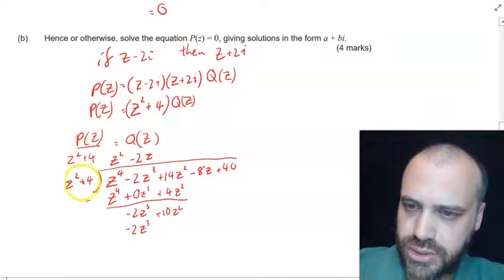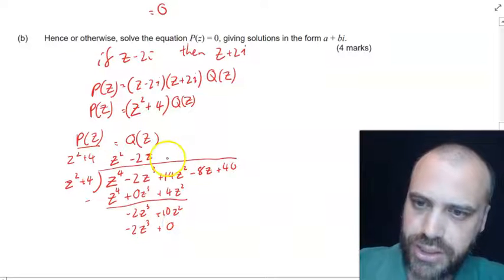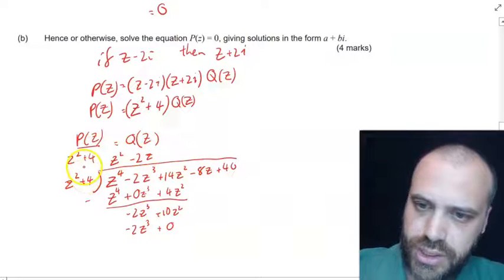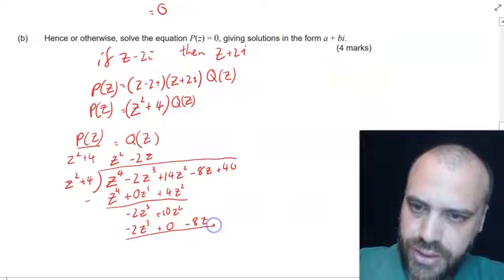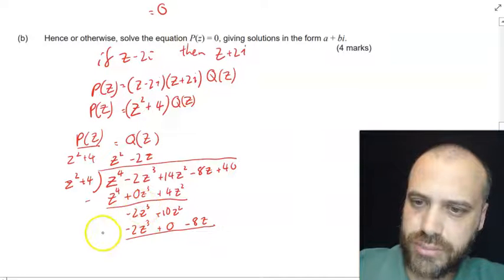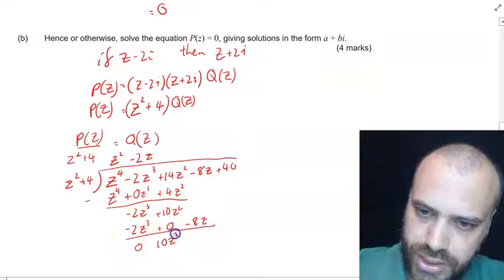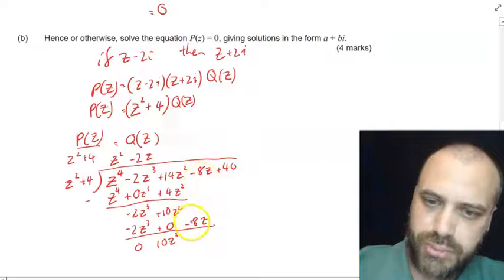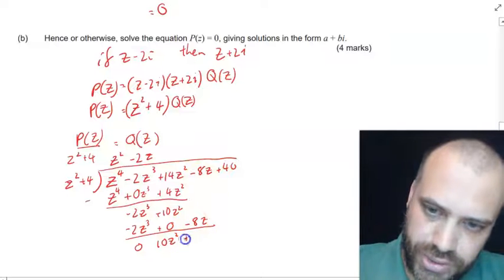Minus 2z times 4 is negative 8z. Doing our subtraction again, minus 2z minus minus 2z is 0. 10z squared is what we'll get here. Minus 8z minus minus 8z, so minus 8z plus 8z, we'll get a 0 there.